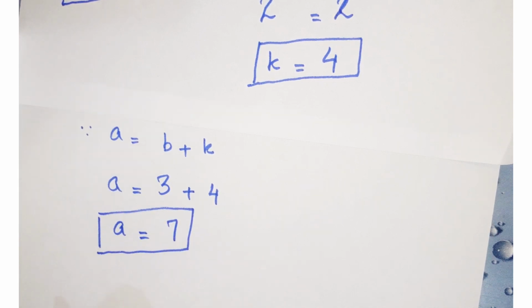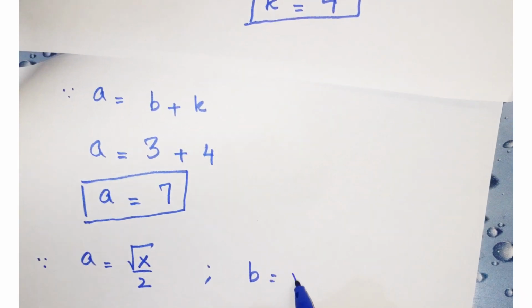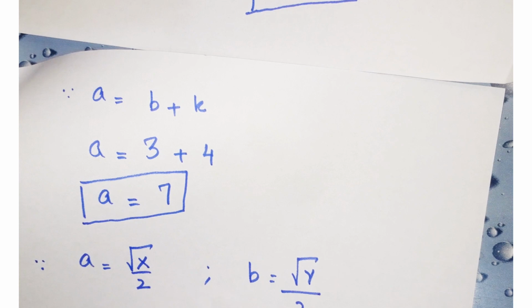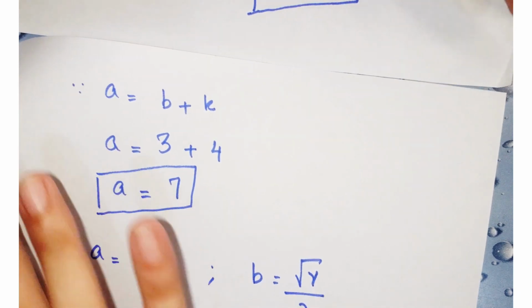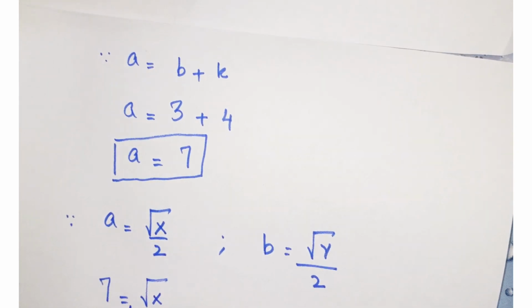Now according to our assumption, we have a is equal to under root x upon 2 and b is equal to under root y upon 2. Now we are going to evaluate x and y from these assumptions. That is, a is 7, so just cross multiply.